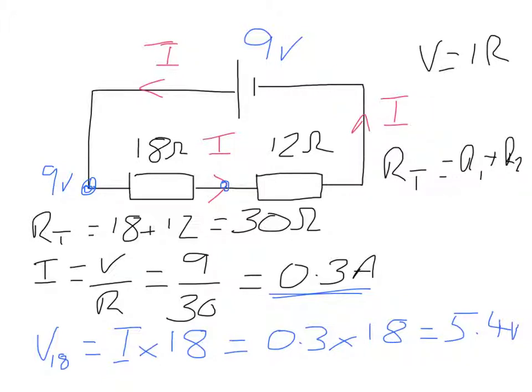So the actual potential at the point in between the two resistors is at a voltage of 3.6 volts. If you do the calculation yourself for the voltage drop across the 12 ohm resistor, you should see that that links in nicely, because at this point here we're looking at a voltage of 0 volts because it's connected to the negative terminal of our battery.